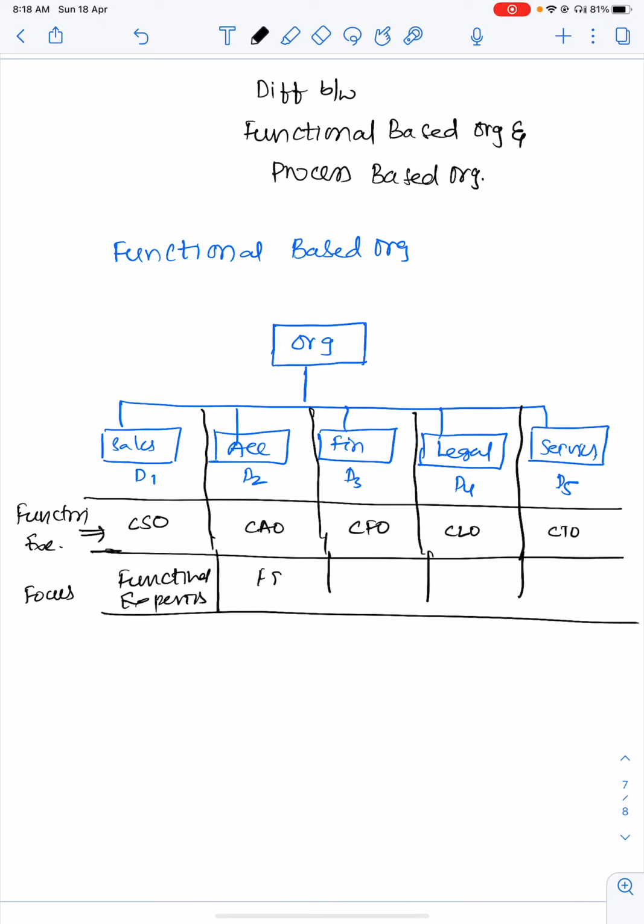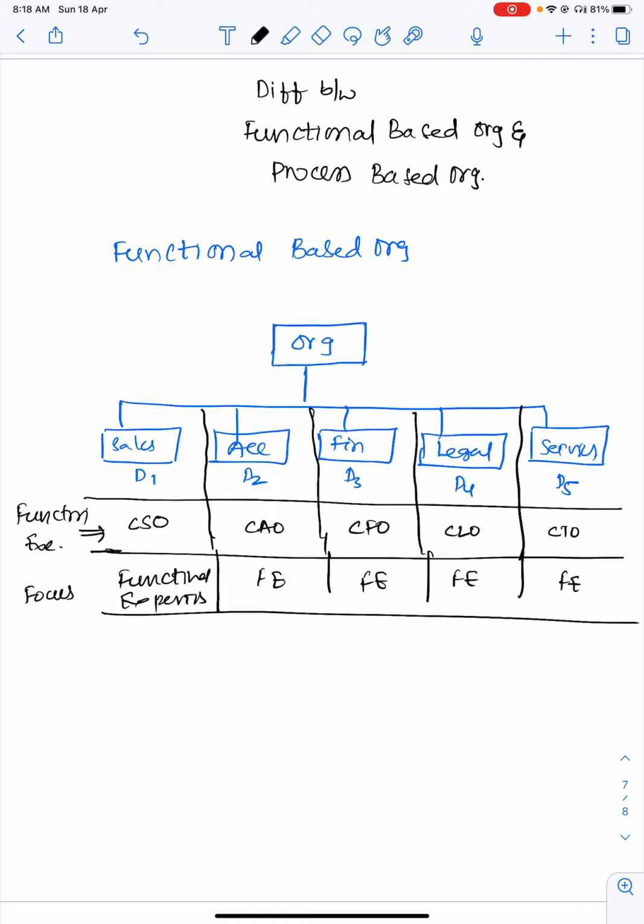For example, how to improve the sales, and how to provide customer services in order to satisfy the customer, because if the customer is satisfied, then only he'll come back, or else he'll not come. So all these things are called functional expertise.